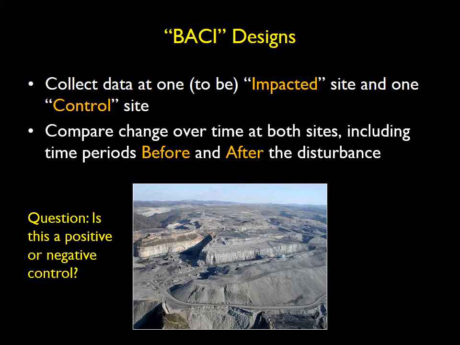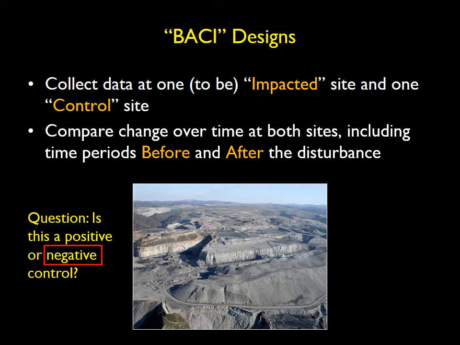And so in the case of a restoration impact, this would be a negative control, because what you're hoping is that the control site is in about the same condition as your impacted site to begin with, but that over time your impacted site will get better than that control site, and that control site, all other things equal, you'd expect would kind of stay the same.